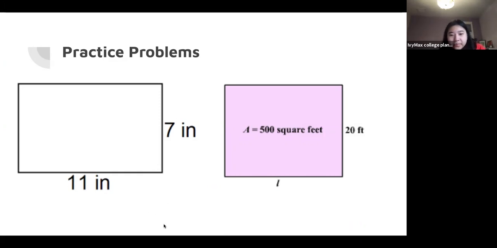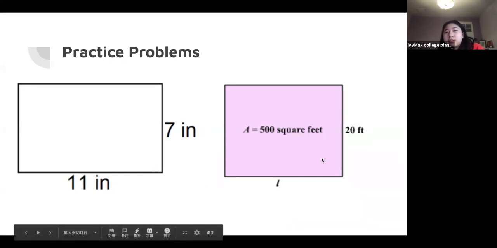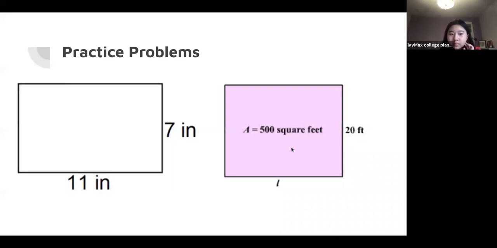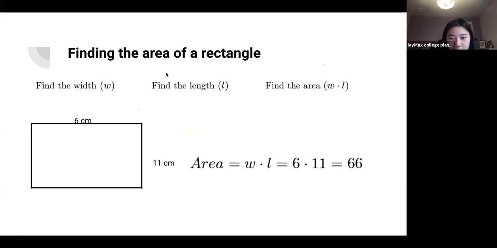And then for the second one, we know the area of the rectangle, so we do 500 divided by 20, which is 250 for the second one. And if you guys need to look at the equation, here it is.